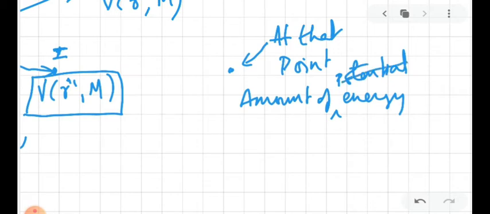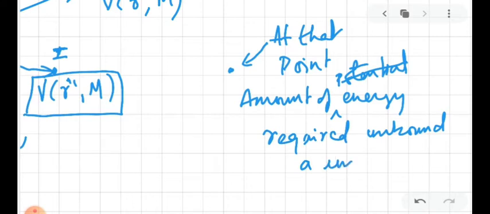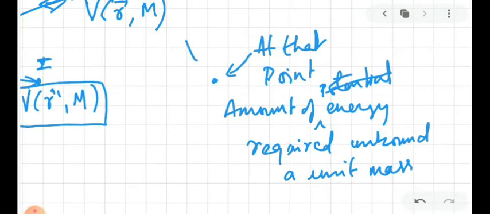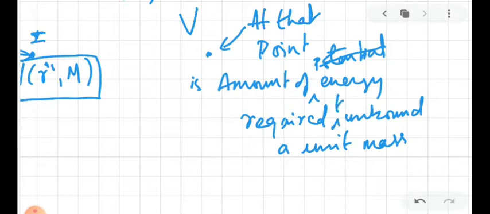Let me just cancel the potential and make use of energy alone. It's the amount of energy required to unbind a mass, specifically a unit mass. So what is potential? The value of potential V at that point is the amount of energy required to unbind a unit mass from there.